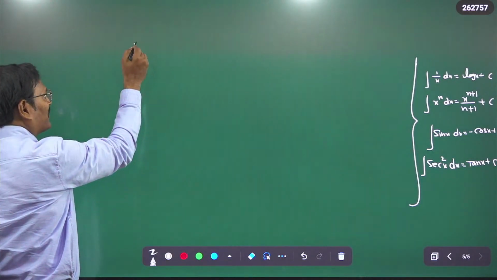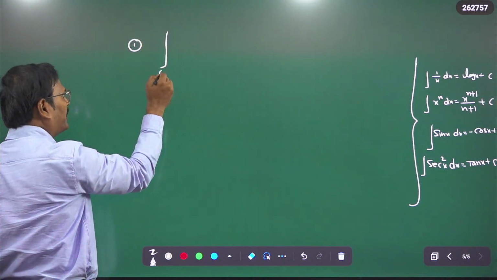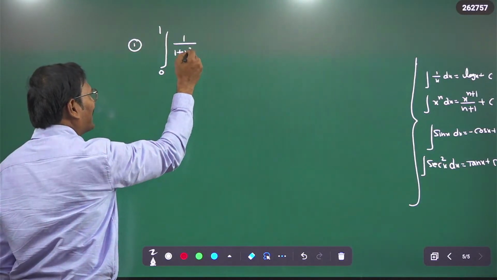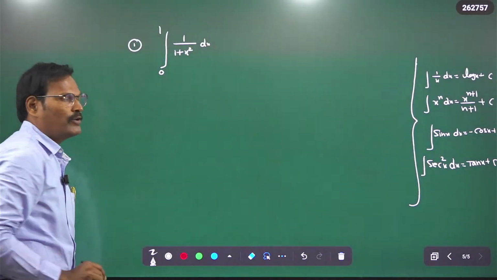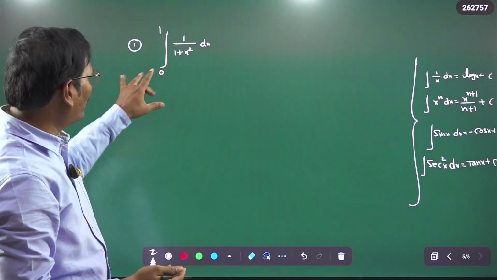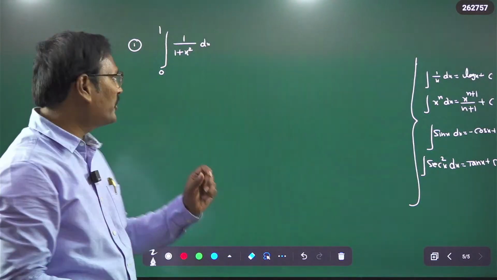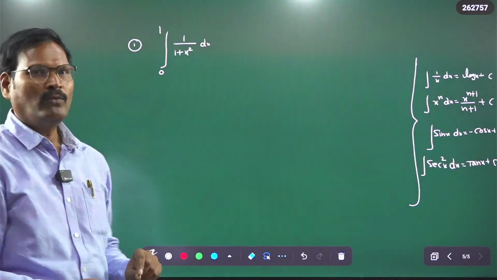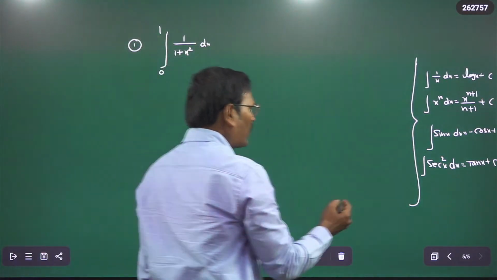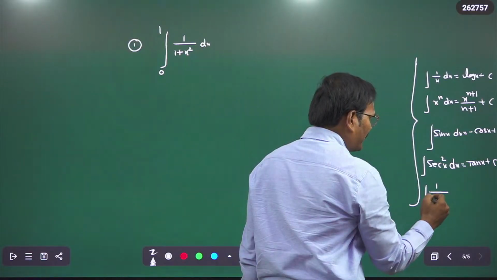So I am taking the first problem which I have written on the board. Integral 0 to 1, 1 by 1 plus x square dx. Now I am going to evaluate this definite integral. Already we have the formula in our indefinite integration.